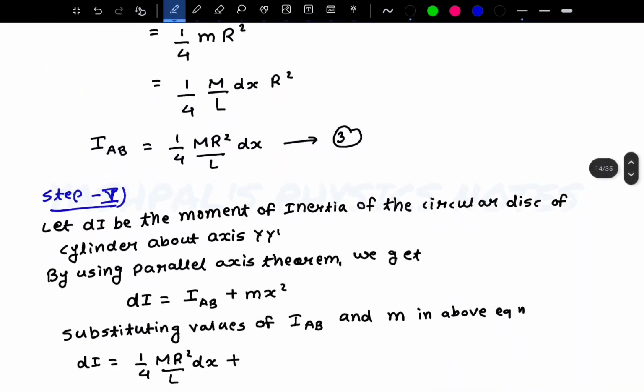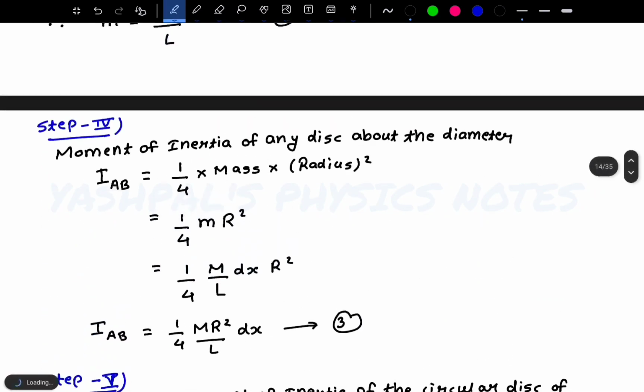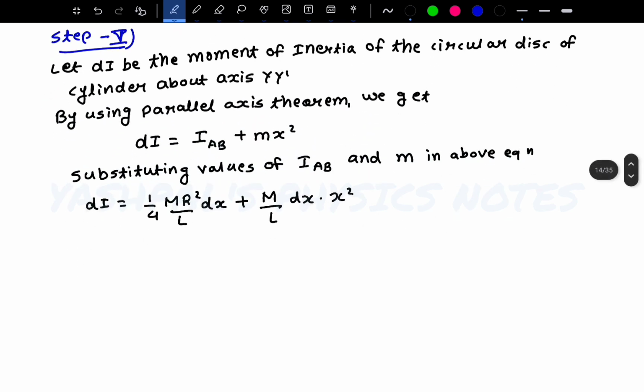It was mL dx into x square. Now here you can see there is the term m by L in both terms, so we are going to take it out common. So our equation becomes, therefore, dI is equal to m by L, taking common.